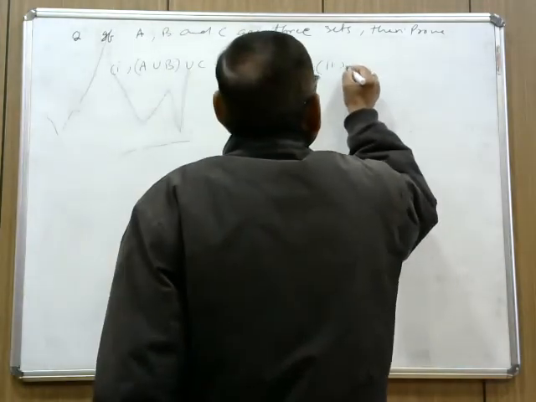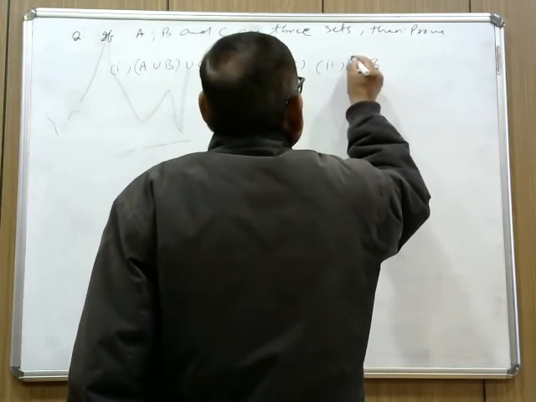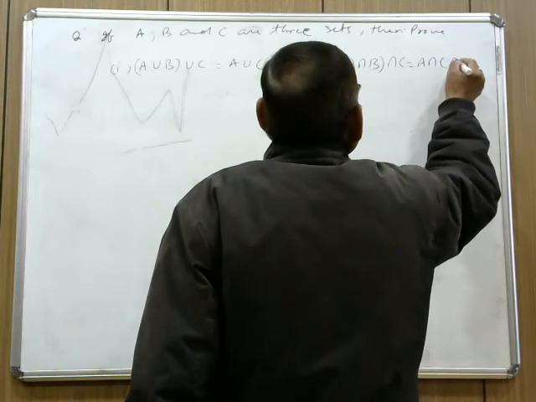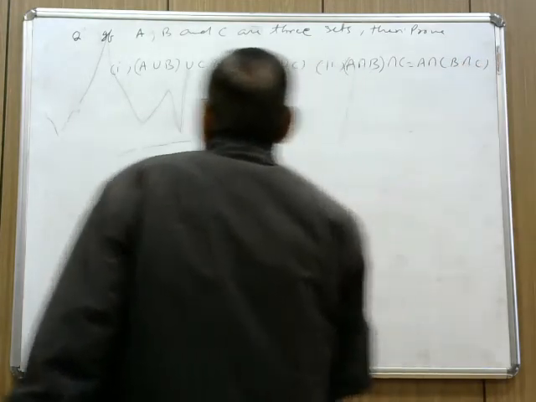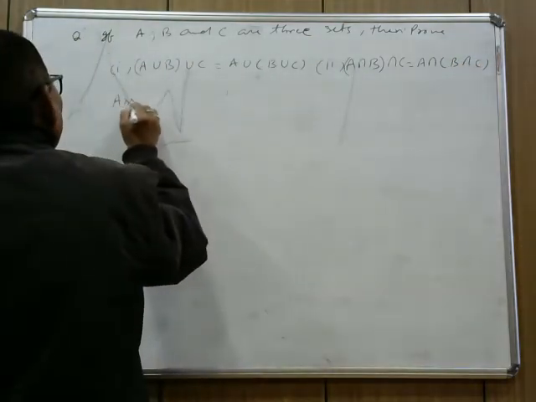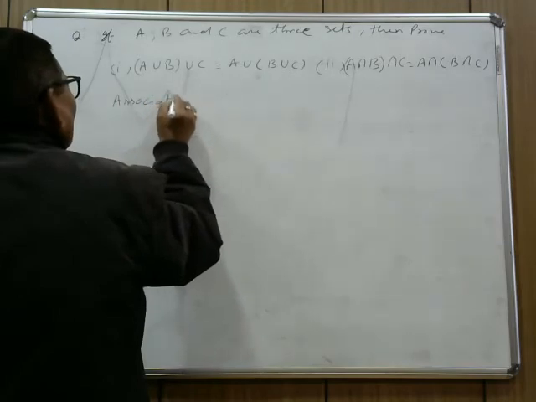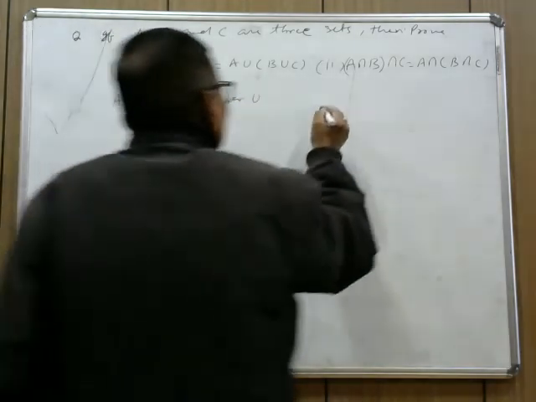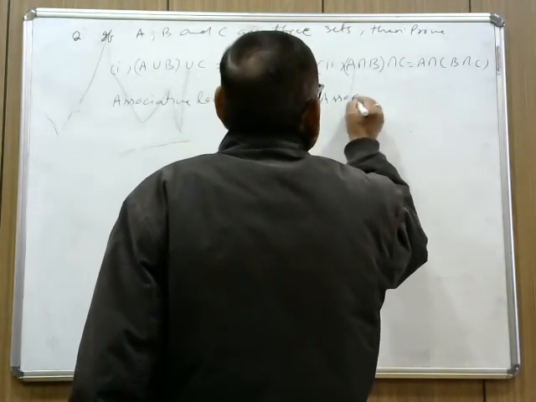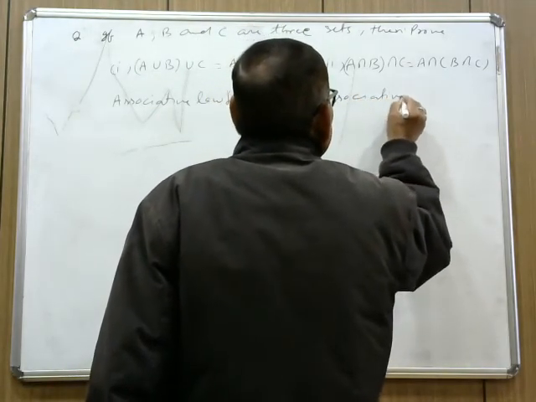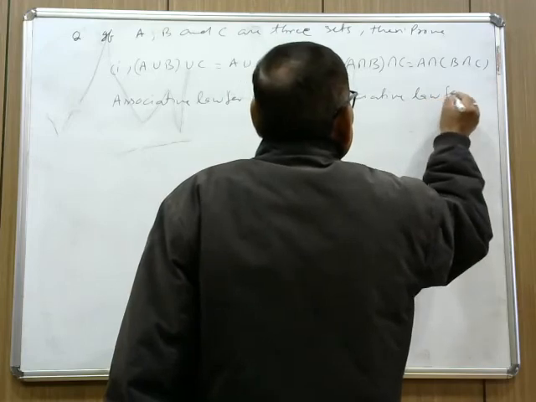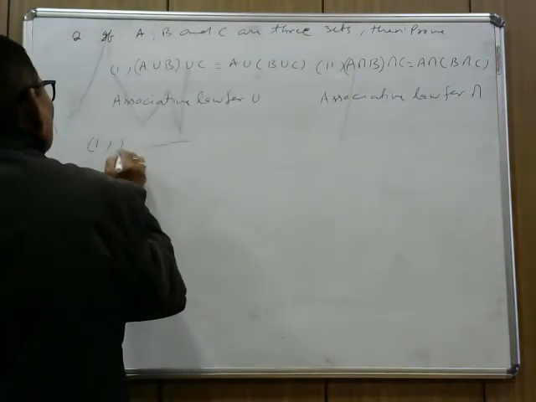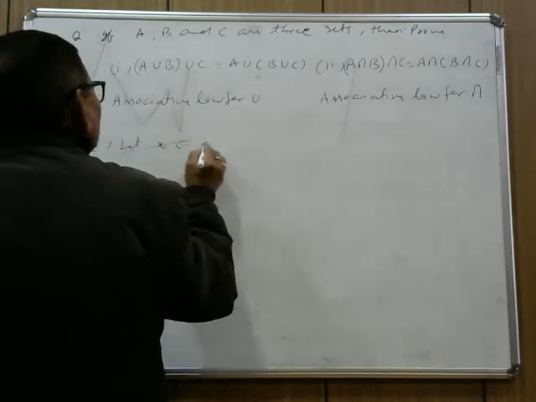Second, A intersection B intersection C equal to the same with grouping changed. This is associative law for union. This is associative law for intersection.